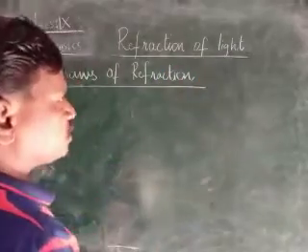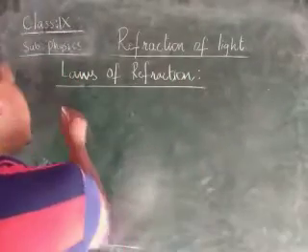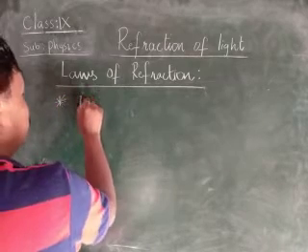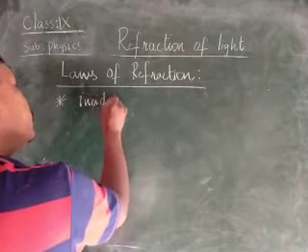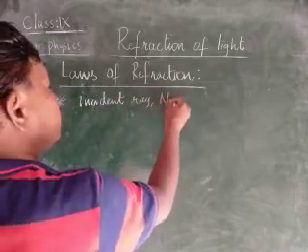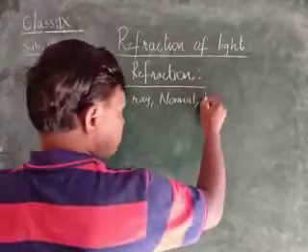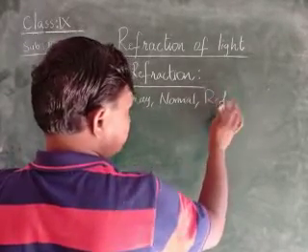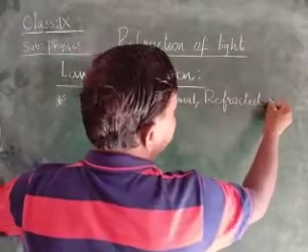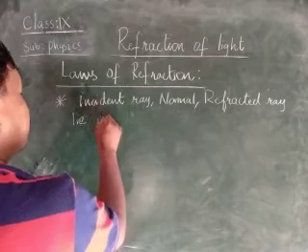here also we have two laws. The first: the incident ray, normal, and refracted ray lie in the same plane.